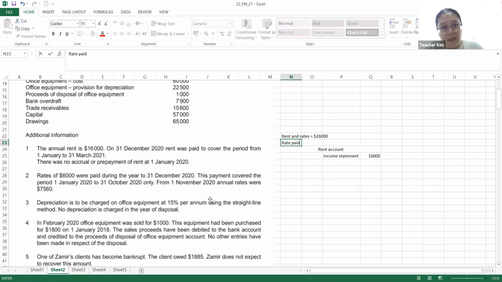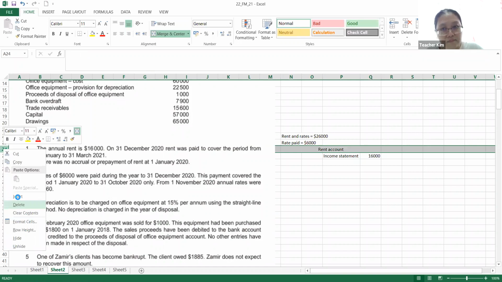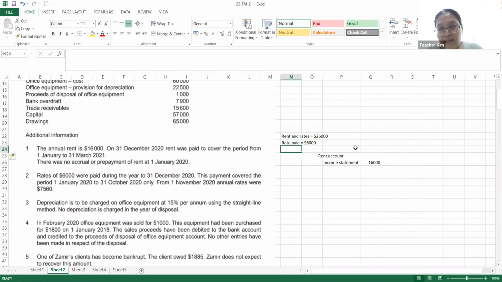Rate paid is 6,000. Means that our rent paid is 26,000 minus 6,000. So this is the rent that we paid, 20,000. This paid amount we put into here, we assume paid by bank, so 20,000.